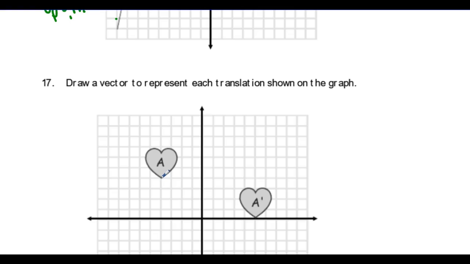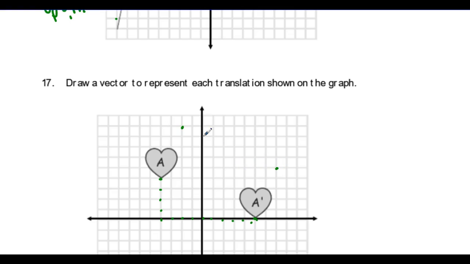The next one, draw a vector to represent each translation shown on the graph. Well, I would figure the distance from here to here and the direction. To go from this bottom point to the bottom point, this is A, this is A prime, I need to move down 1, 2, 3, 4, and to the right 1, 2, 3, 4, 5, 6, 7, 8, 9. So I can draw my vector anywhere as long as I go 4 down and 9 to the right.